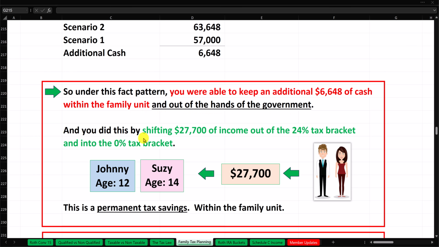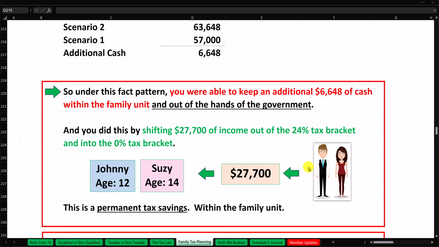And you did this by shifting $27,700 out of the 24% tax bracket, which is what mom and dad, grandma and grandpa were subject to in this situation, and into the 0% tax bracket.